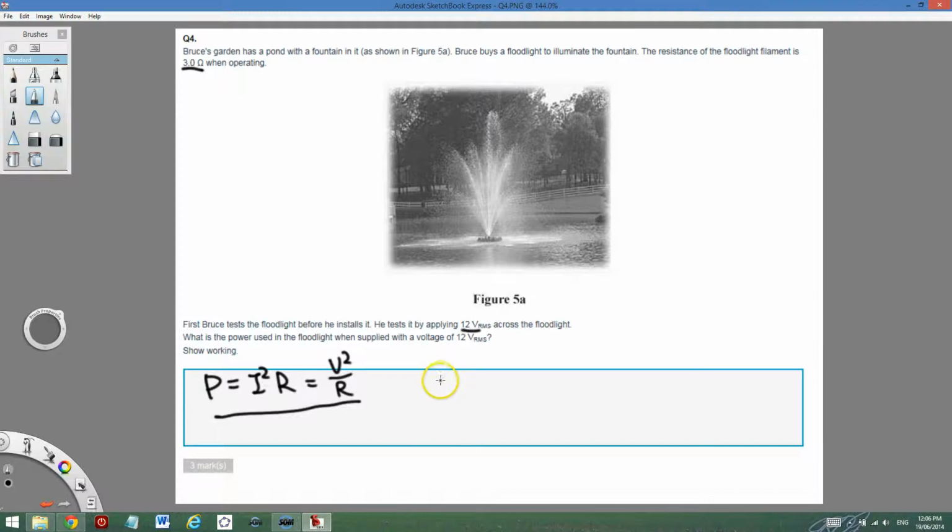Just remember, with power transmission we don't normally use that, but sometimes it's just like a circuit.